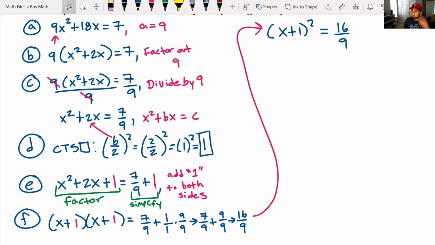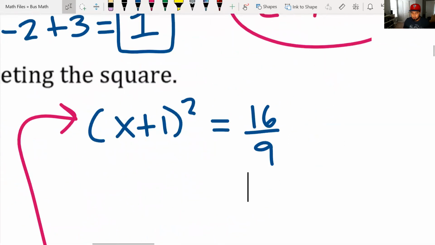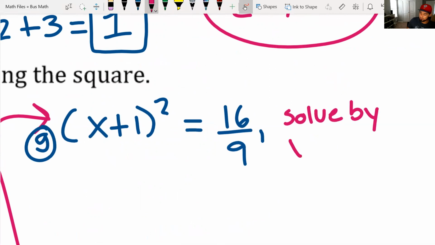Okay. Next is, oh, this is G, right? Solve by the square root method.